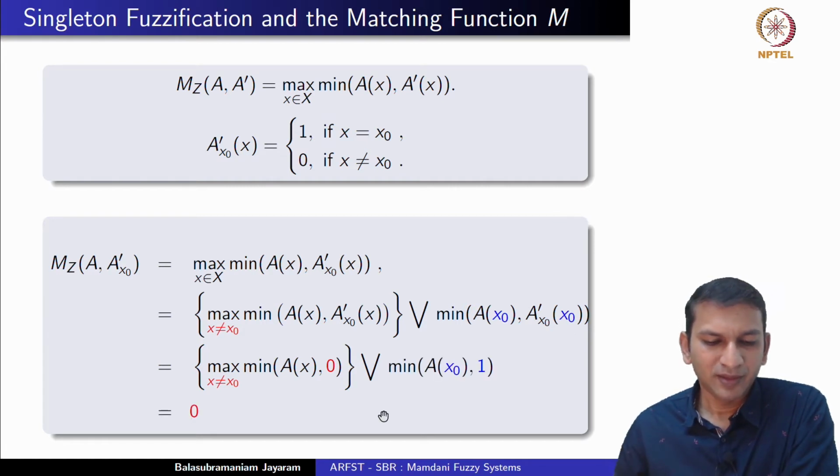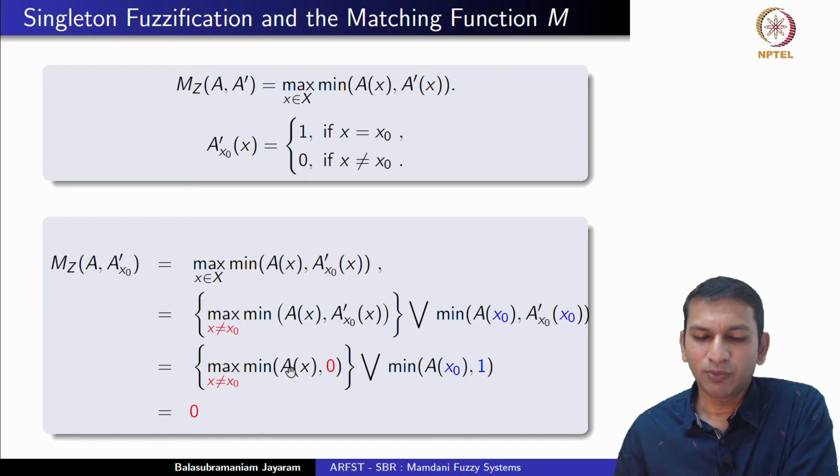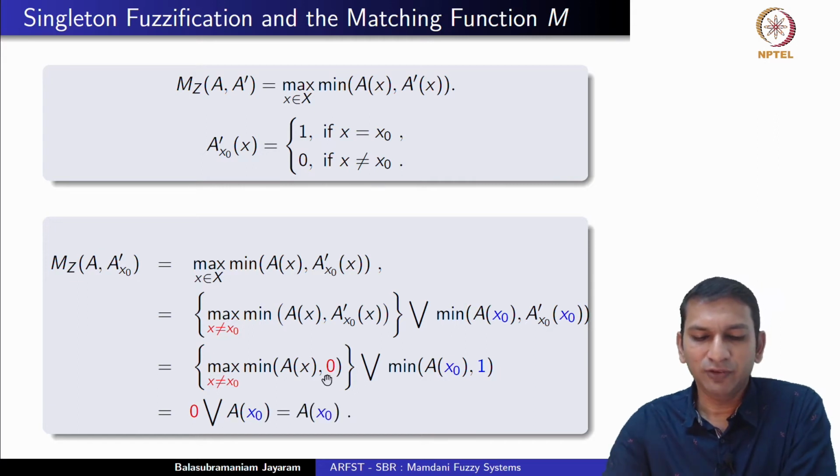Now, minimum of anything comma 0 is 0, because we know 0 is the annihilator for the T norm, especially in the case of minimum. So no matter what x you take here, whatever the value of A of x may be, this whole thing turns out to be 0. Now minimum is a T norm, 1 is its neutral element. So from here what we get is 0 max A of x0, which is essentially A of x0.